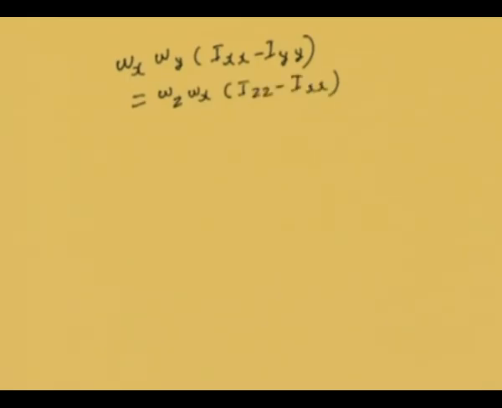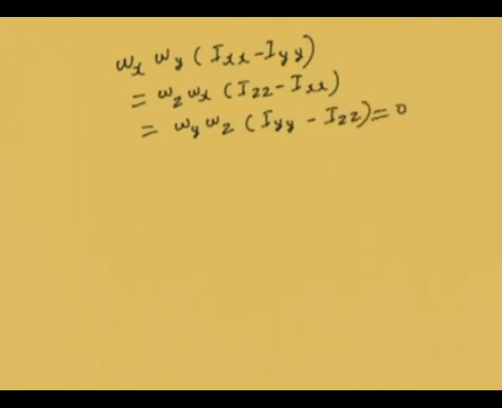From Euler's equations we see that steady rotation of an asymmetric body is possible if omega x omega y (Ixx minus Iyy) is equal to omega z omega x (Izz minus Ixx) is equal to omega y omega z (Iyy minus Izz) is equal to 0.